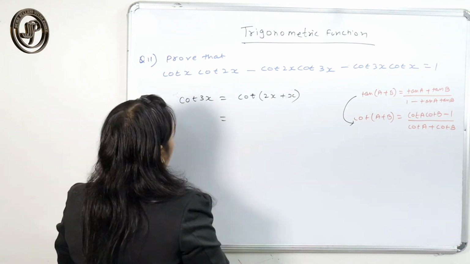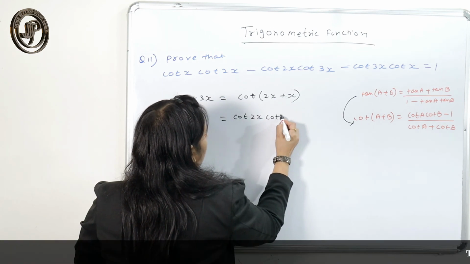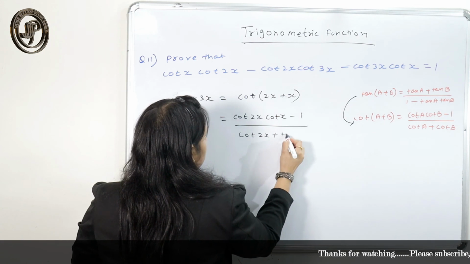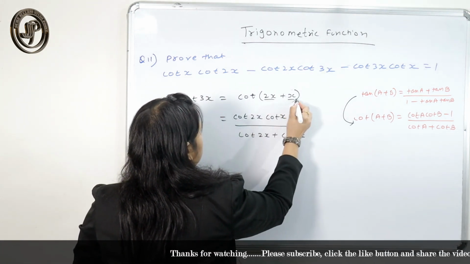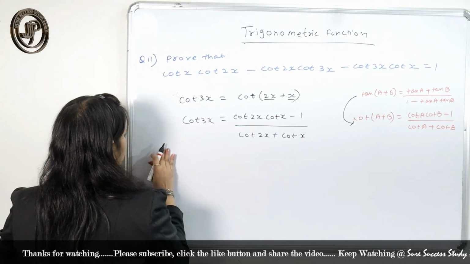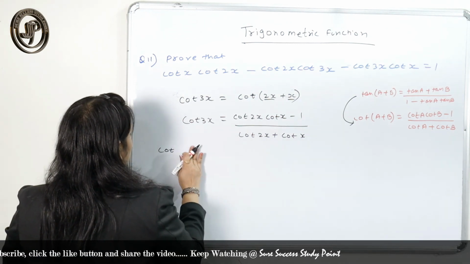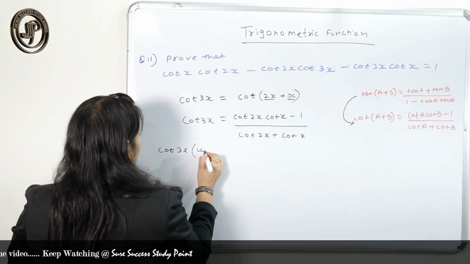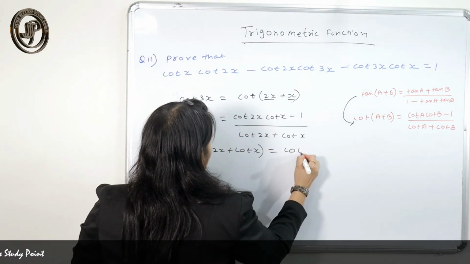So if I apply the formula here, I get cot 3x equals cot 2x cot x minus 1 upon cot 2x plus cot x, if I consider this as A and this as B. Now cross multiply. So what do I get?